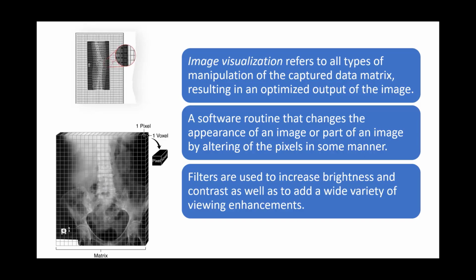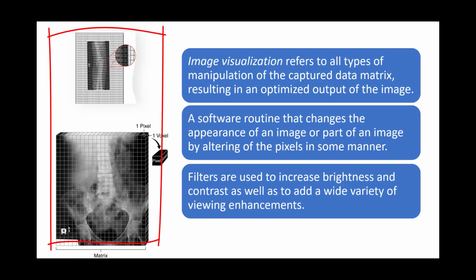Image visualization refers to all types of manipulation of the captured data matrix resulting in an optimized output of the image. In other words, we select what we want to see. A software routine that changes the appearance of an image or part of an image by altering the pixels of the matrix of the acquired data is how we manipulate the data in the image.